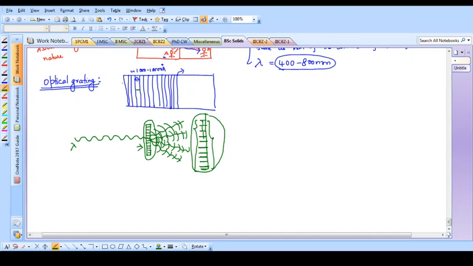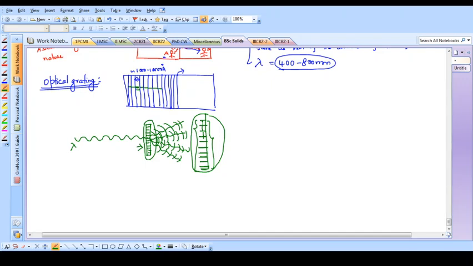Okay, optical grating, why does it act as a diffraction material? Because these lines are very close to each other and they are separated in a systematic way, and the distance between the first two lines is maintained between the next two lines, the same distance is maintained here, same distance is maintained here.